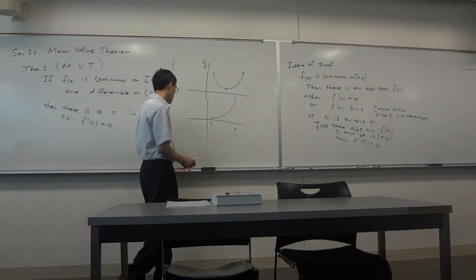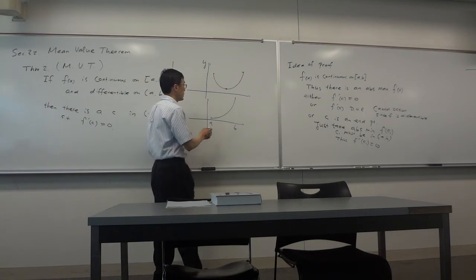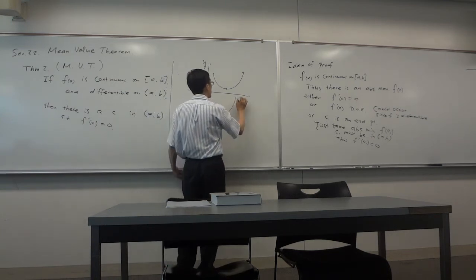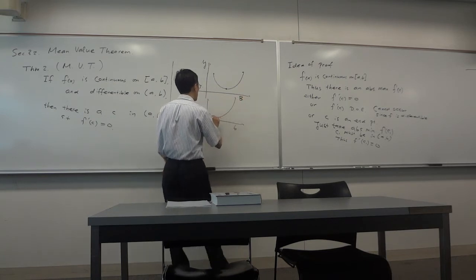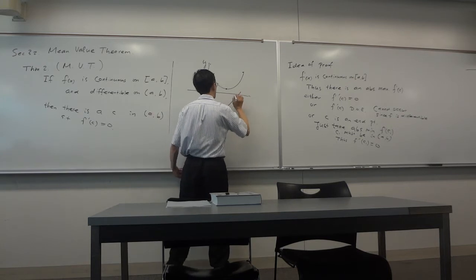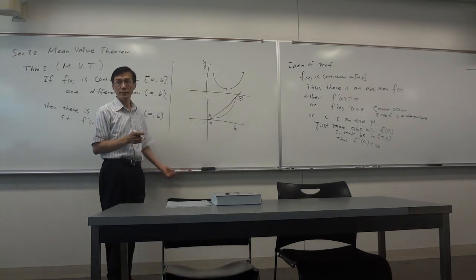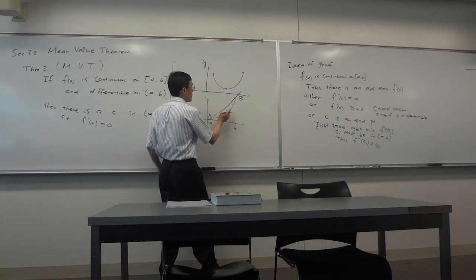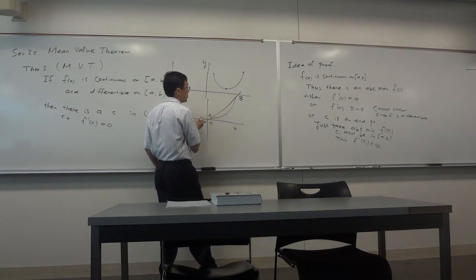Well, what you can say is the following. If you connect the beginning point, which is A, and the end point, which is B, you have a secant line like this, from A to B, right? And then what you can prove is that there is some C such that F prime C is the same as the slope of the secant line.